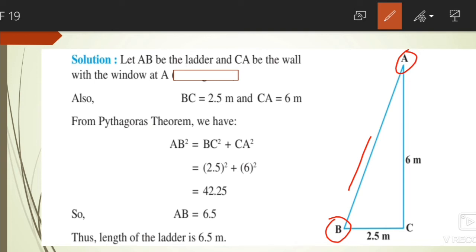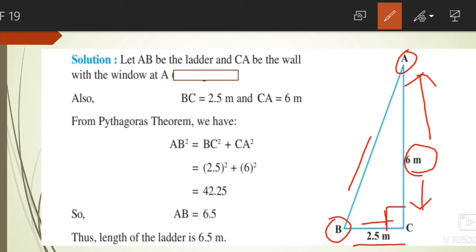Now BC is given, the distance of the foot of the ladder from the wall is given as 2.5 meter. Also given that the ladder reaches the window which is 6 meter above the ground. That means the AC distance is 6 meter, BC distance is 2.5 meter, and you can see that this angle is 90 degree, because the wall and the ground make 90 degree to each other.